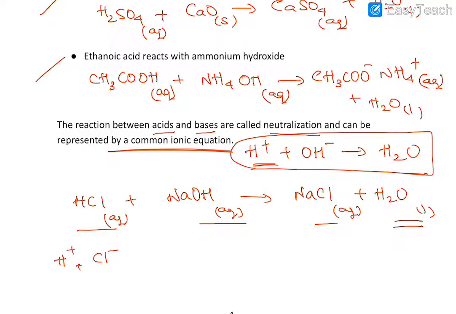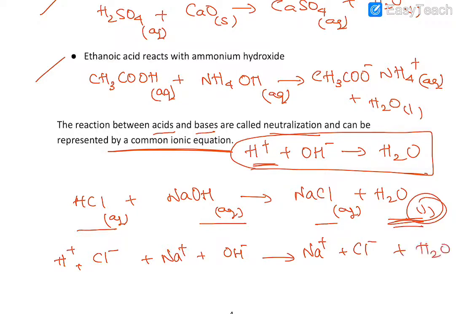NaOH consists of Na+ and OH-. NaCl consists of Na+ and Cl-. H2O, because it is in the liquid state, will not split. Everything which is the same on both sides will cancel out. So you end up with H+ + OH- giving H2O.